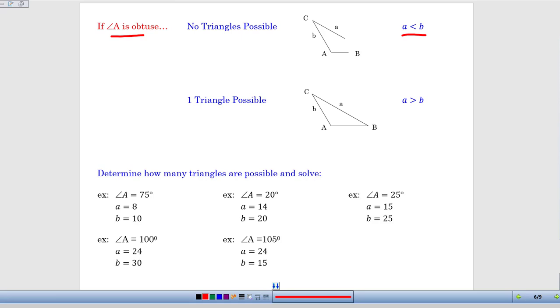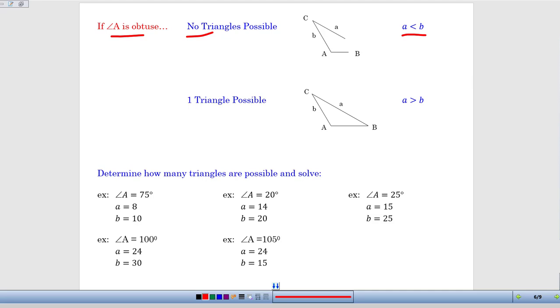Because if we recall, the larger the angle in a triangle, the longer the side across from it. If angle A is obtuse, it is automatically going to be the largest angle in our triangle. That means length A needs to be the longest side in our triangle. But if the given information is such that length B is longer than length A, then there is no triangle that's possible.